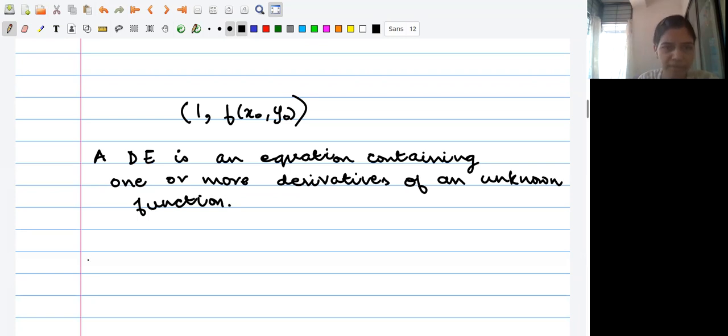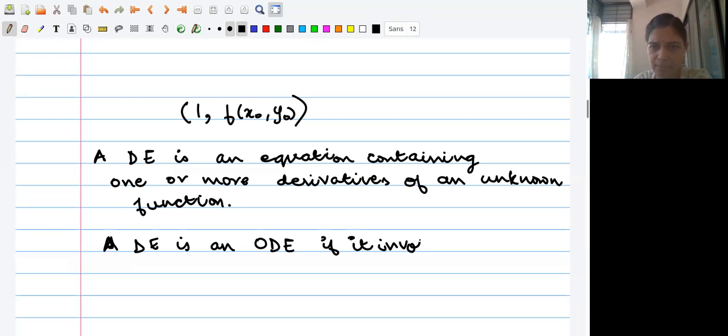Now, what is an ordinary differential equation? A differential equation is an ordinary differential equation if it involves an unknown function of only one variable.